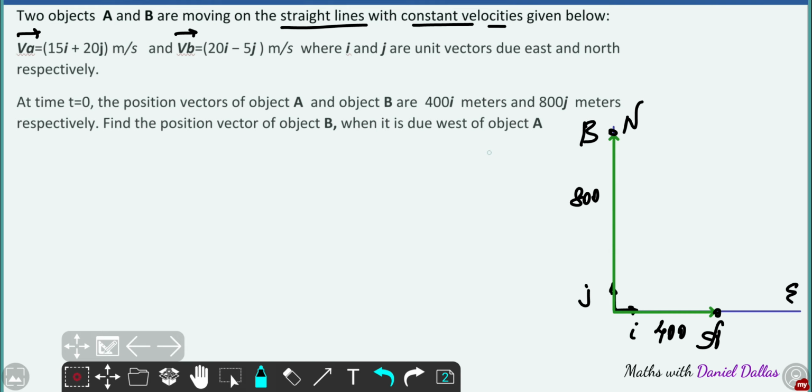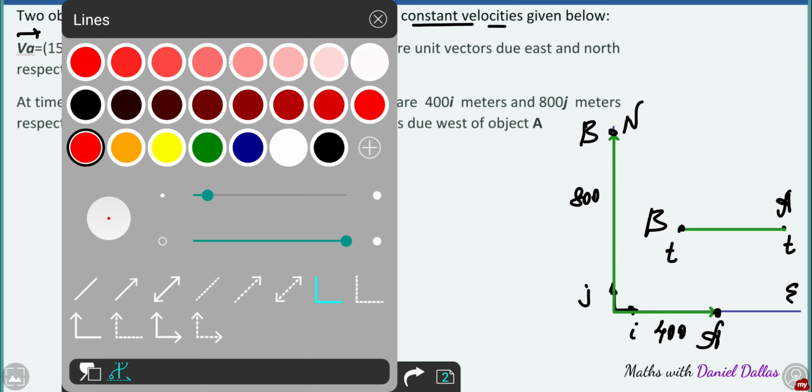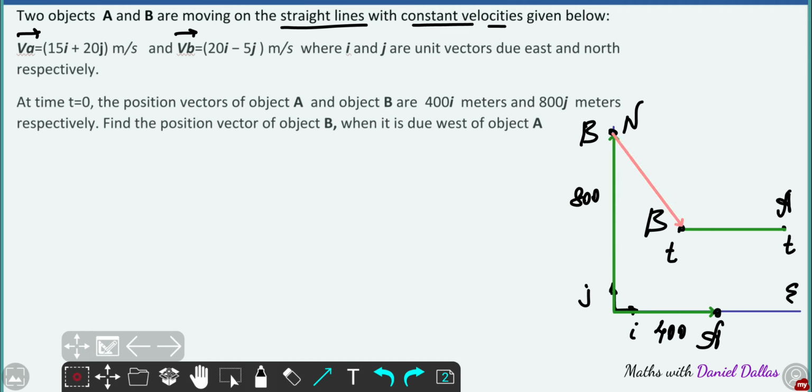So guys, we're not given any time for that, so I definitely need to define the point of time when object B is going to be strictly due west of object A. What it means is that somewhere here, let's say here is going to be object A soon at a given point of time t, and on the same horizontal level is going to be object B. Here is the first position of object B. Because they're traveling at constant velocity on a straight line, through some point of time, object B will be here.